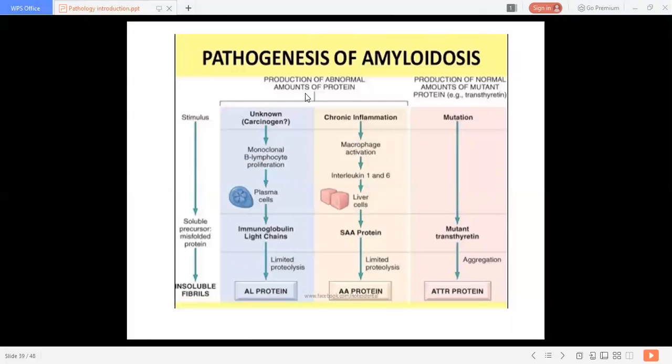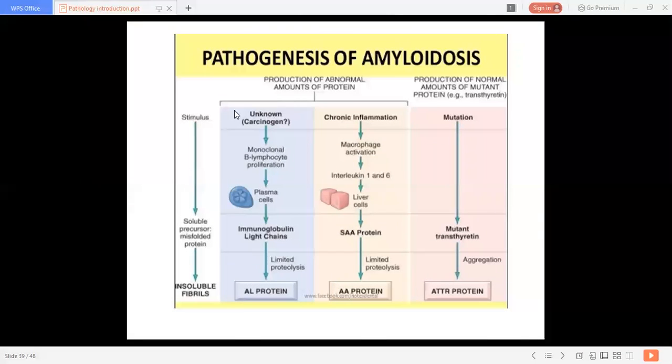There are certain steps of pathogenesis. In this slide it is not given, but I am going to tell you, and you can write down the pathogenesis of amyloidosis, explained with the help of a few steps.